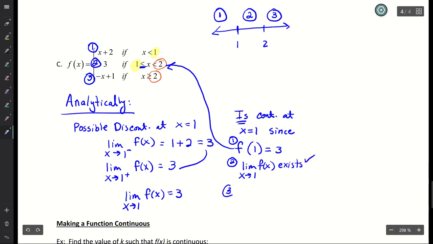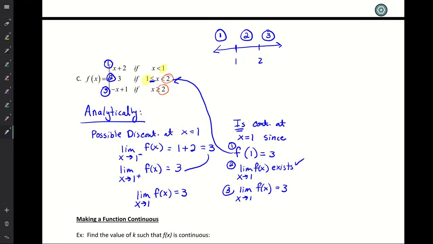And then the third piece is not only does it exist, but it actually equals the function value, which is true. So all three pieces of continuity are satisfied at x equals 1, so it actually is continuous there. All right, the other place that it might possibly be discontinuous is at x equals 2.